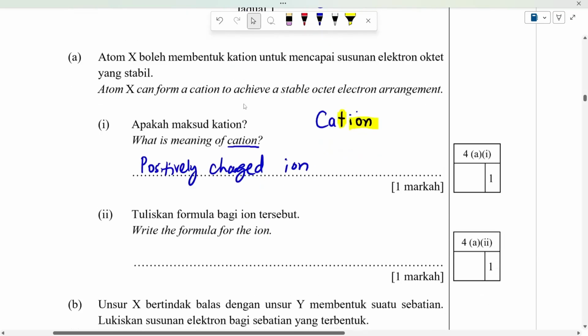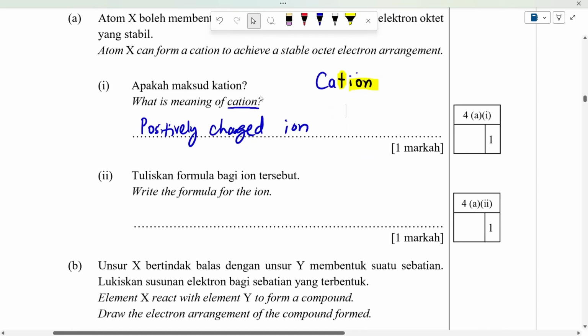After donating 2 electrons, what is the charge? The electron arrangement becomes 2,8. Then how about the formula? X. What is the charge? 2 plus.